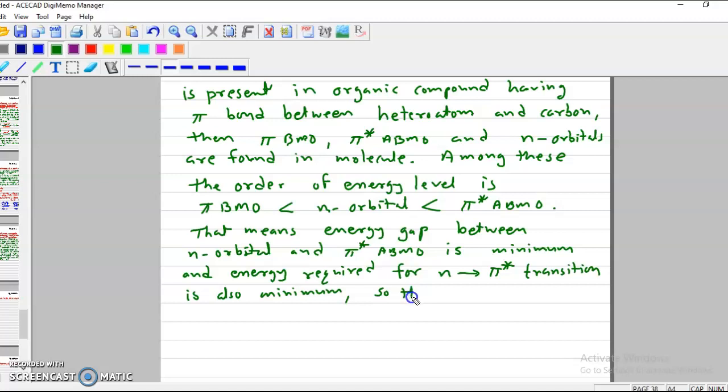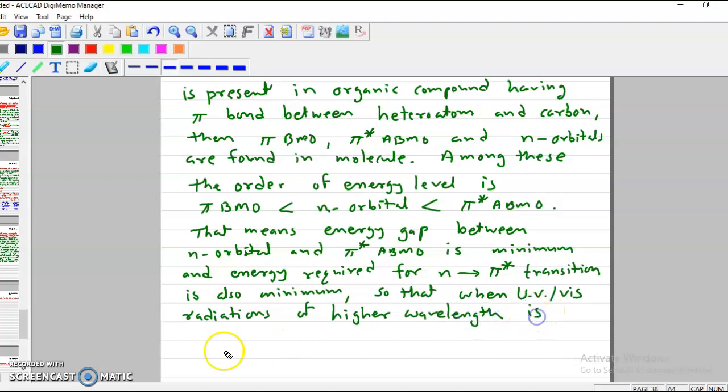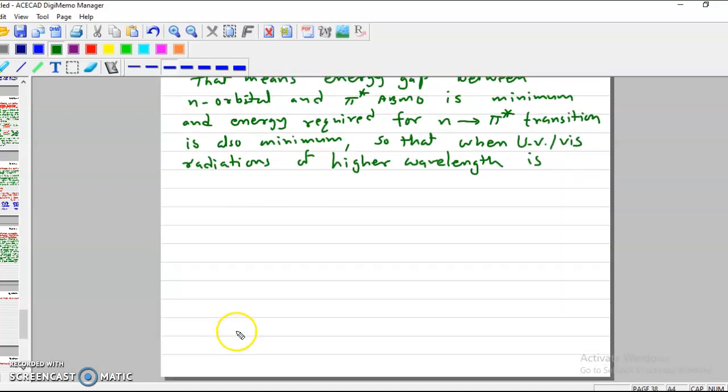So when UV visible radiations of higher wavelength are absorbed, n to pi star transition is observed to occur.